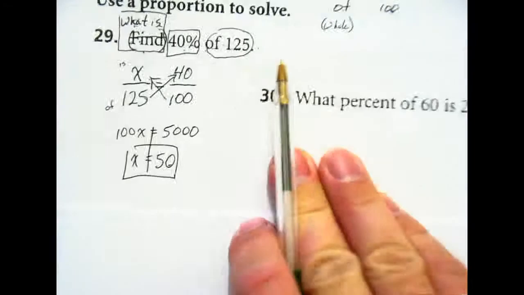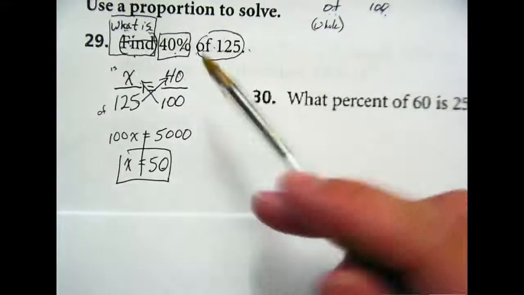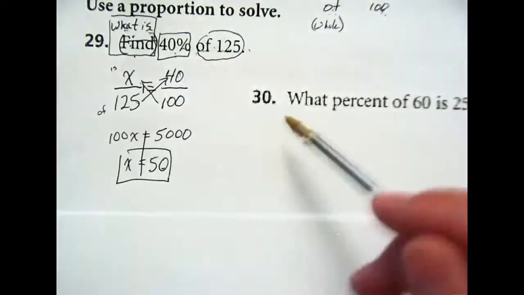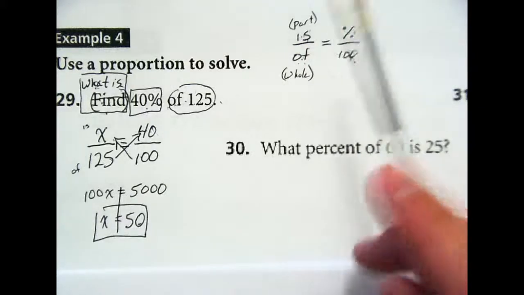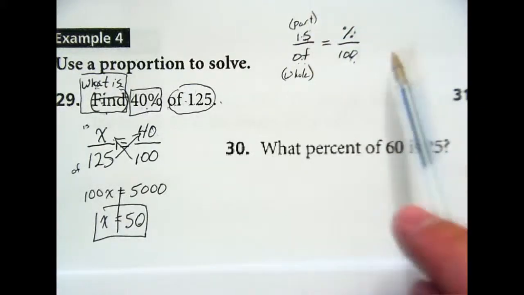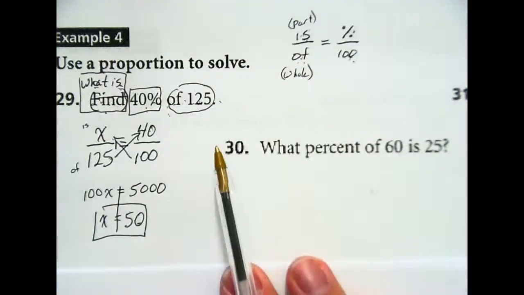It was an online class, and some of the biggest struggles people had were with these problems. And no one ever told those students to use this formula. I'm like, man, if the professor would just say use is over of equals percent over 100, their life would be so much easier, because all three of these you approach the exact same way versus having three different approaches for each of them.